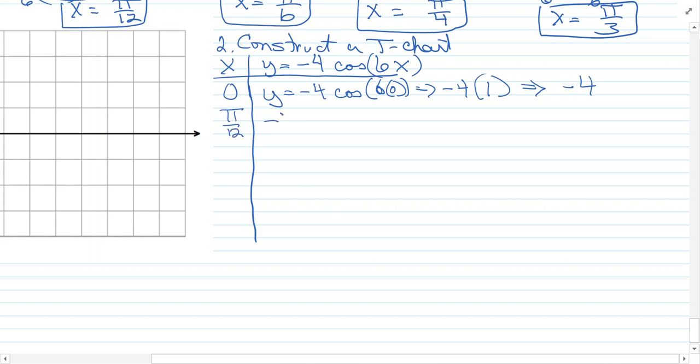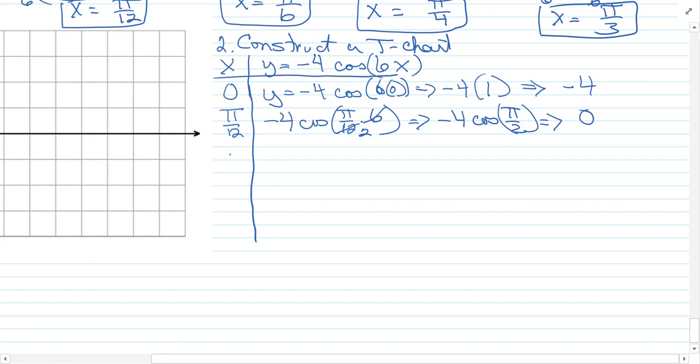My next one was pi twelfths. So I have -4 cosine of 6 times pi twelfths. Sorry about that, I wrote it backwards and I apologize. So that's the same as -4 cosine of pi halves. And of course I get 0 because cosine of pi halves is 0, times -4 is 0.